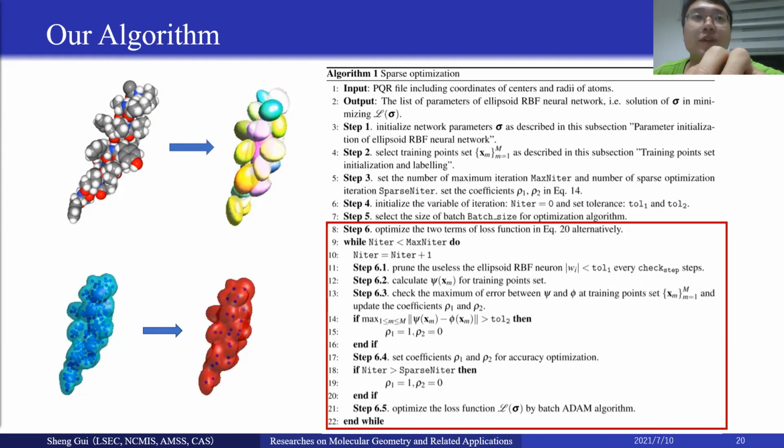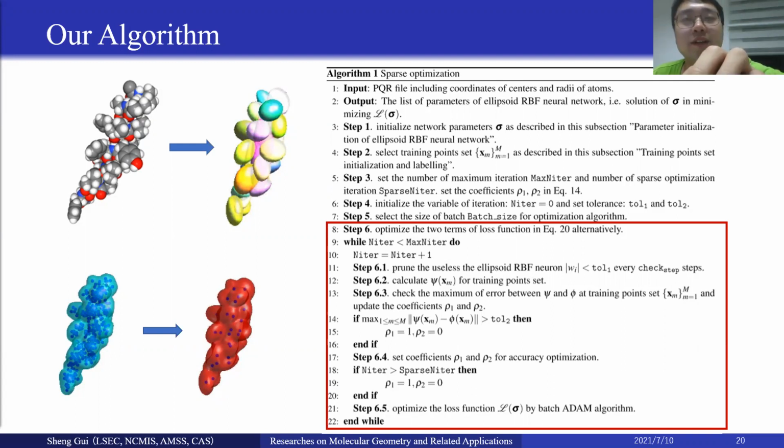Step 6.1 marks an ellipsoid RBF neuron as useless if the corresponding weight Wi connecting the neuron to the output layer is less than the tolerance over the check steps. In this work, we set the tolerance 1 equal to 10 to the power -3, and the check step equal to 20.